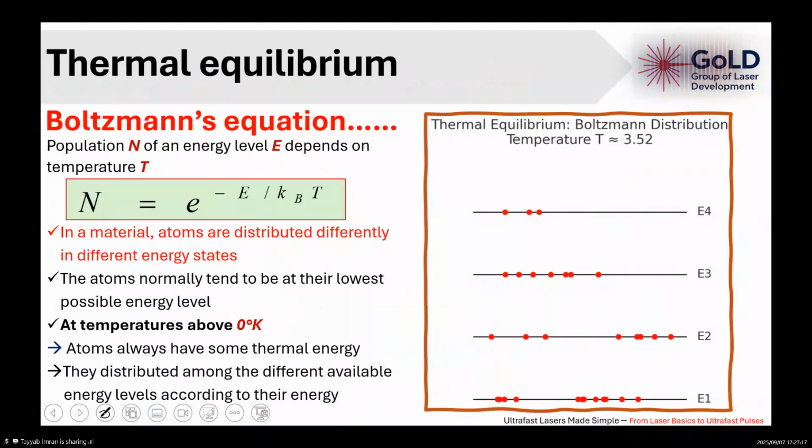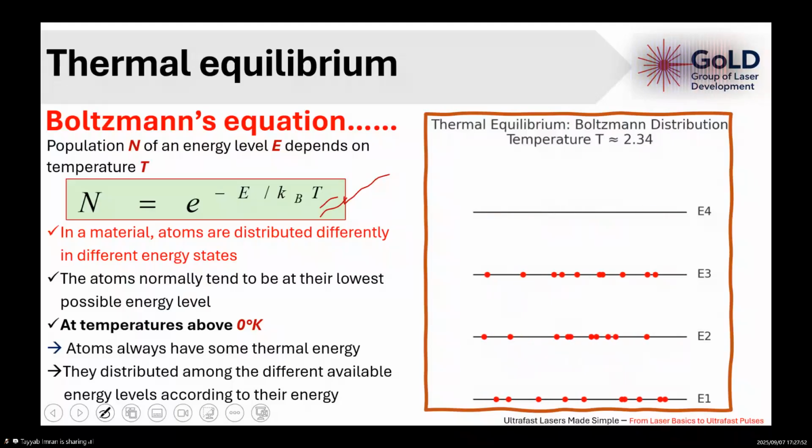So now this is actually the Boltzmann equation. Thermal equilibrium, you must have heard about this one. I don't want to go into much detail. When I upload this lecture, the PDF, you can go through and read. This equation is important to tell about the population of the energy levels. Okay. And it very much depends on the temperature here.